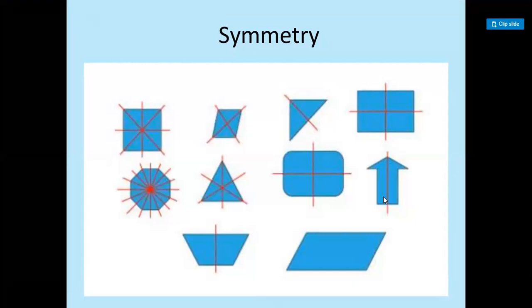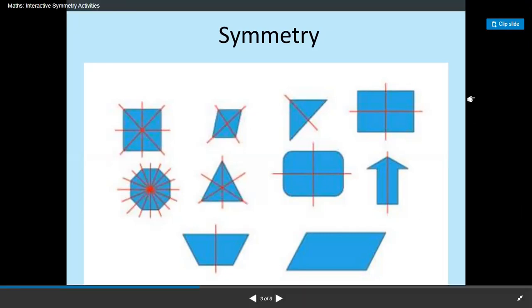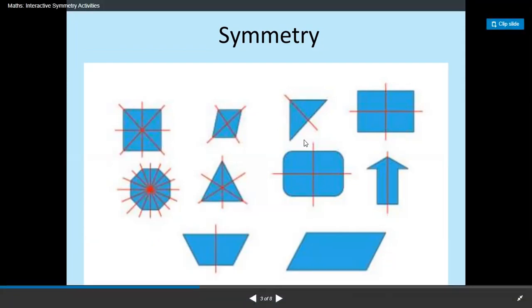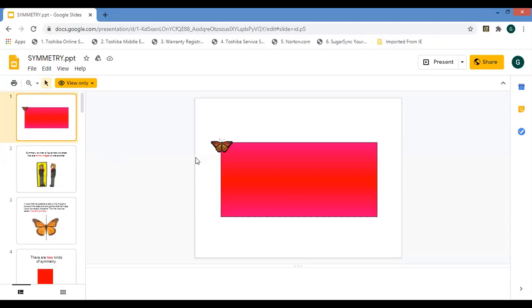Each shape has a different line through which we can dissect it, and we can tell whether it is a reflective symmetry. There are many types of symmetries: radial symmetry, bilateral symmetry. Here are some examples of those symmetries.